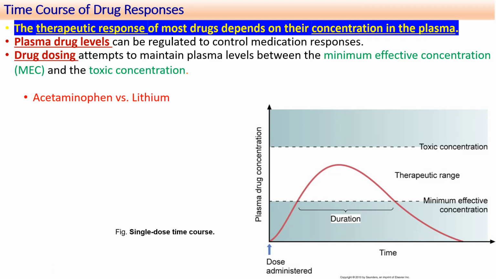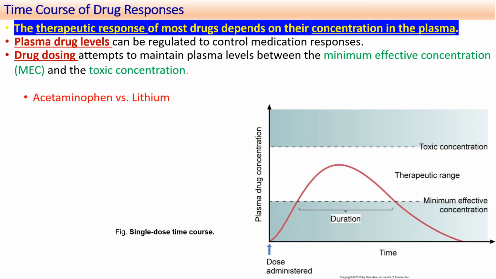The drug doses attempt to maintain the drug levels in the plasma between the minimum effective concentration, MEC, and the toxic concentration. So that is our therapeutic level.